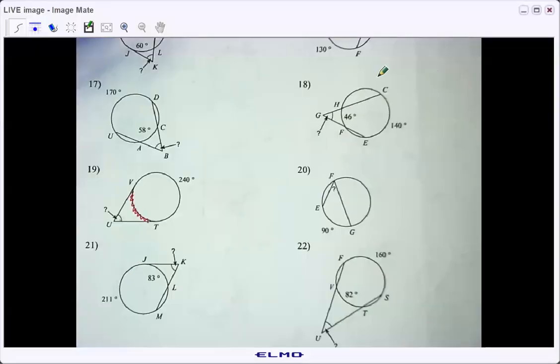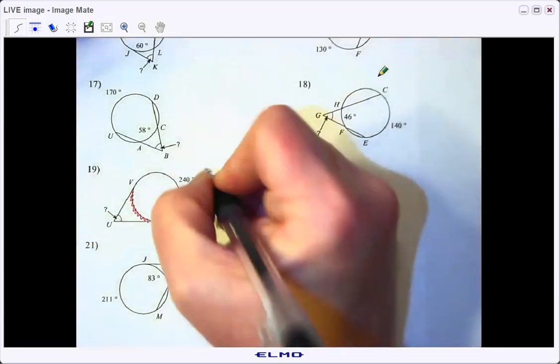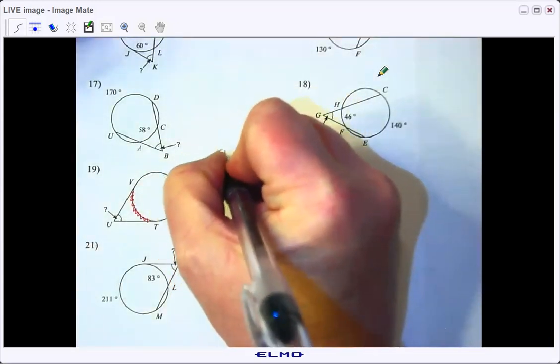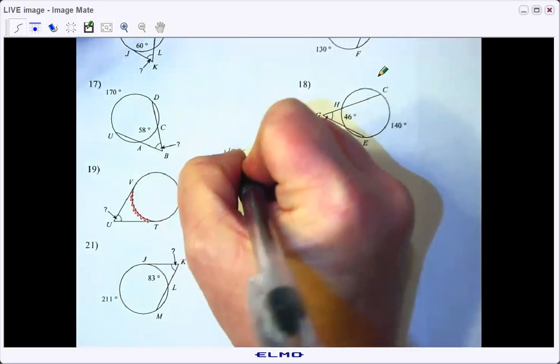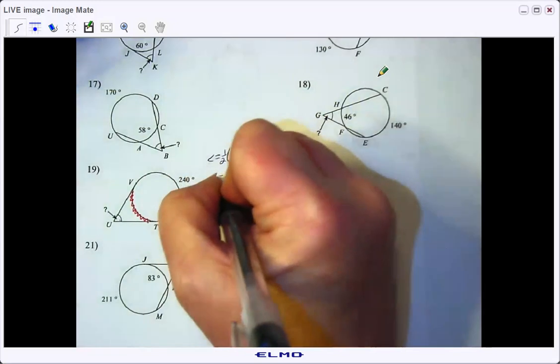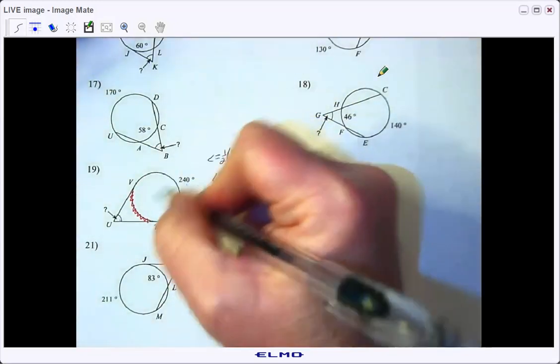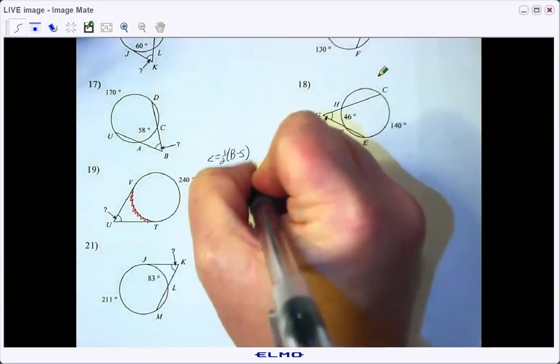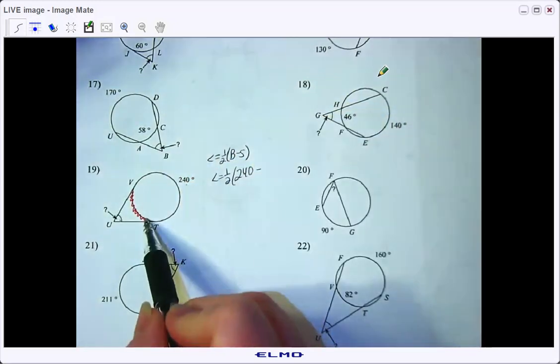So let's look at 19, where if I were to start to write this down, I would say that the angle is equal to 1/2 the big arc minus the small arc. No problem. Well, it's 1/2. This one's obviously bigger than that one would be. But what's that value?